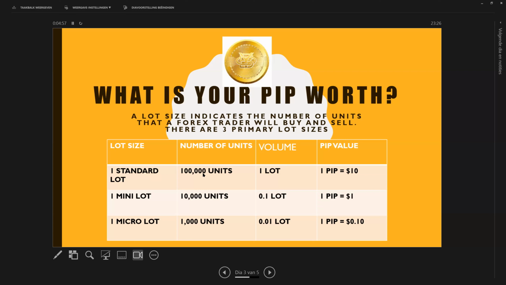It's the number of units you can see, and one pip is then $10. And when we go to the mini lot, one mini lot, we write it 0.1 lot. It's 0.1 of the 100,000, so it's 10,000 units. And here for the mini lot, one pip is worth $1.